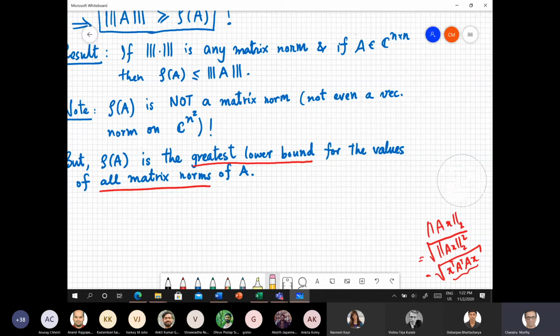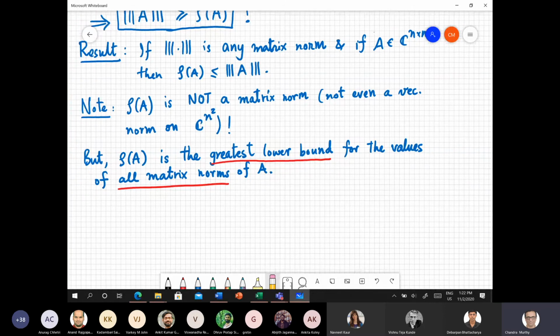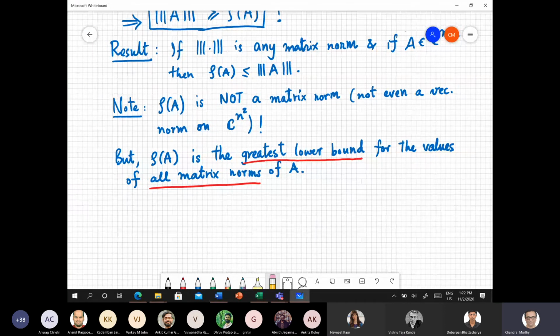Let me get rid of this. I don't know if that answers your question. Yes, sir. I think it's more related to the spectral norm, but in general, that is true for the spectral radius with respect to any norm. Correct.